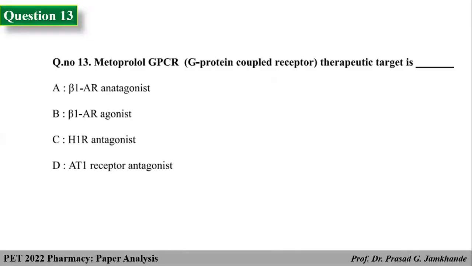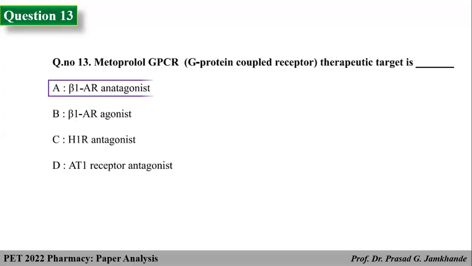Next, question number 13. Metoprolol: the GPCR, G protein coupled receptor therapeutic target is. In case of metoprolol, which particular target? That means it is also a mechanism-based question. Metoprolol is used for the treatment of cardiovascular complications, for example, to reduce blood pressure and to minimize heart attack.